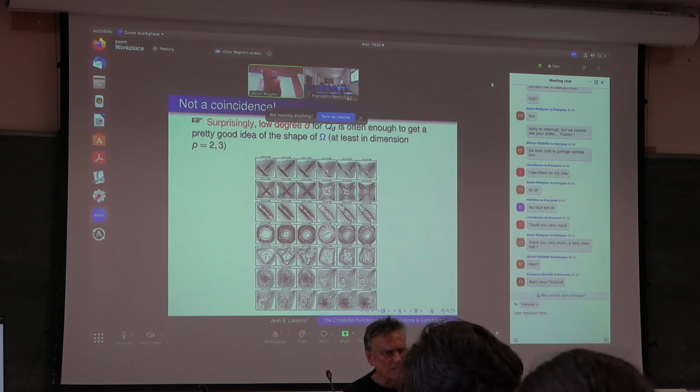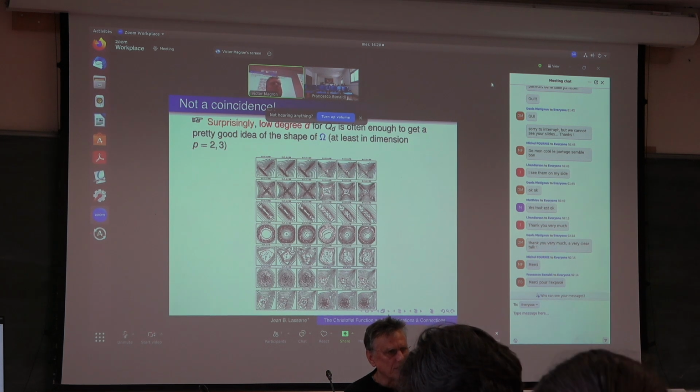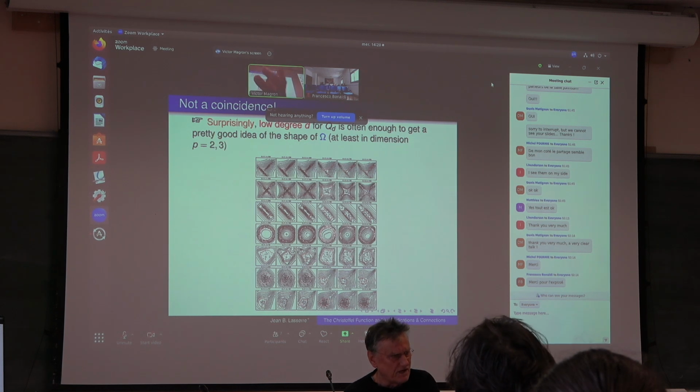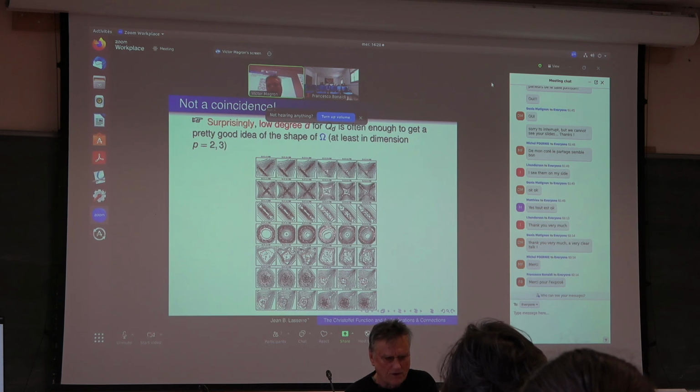I'm not claiming that with a low degree you can do that in larger dimension. We don't know, but at least for data analysis in dimension 2 or 3 or 4, it seems that with a quite low degree d, you approximate quite well the shape of your cloud.